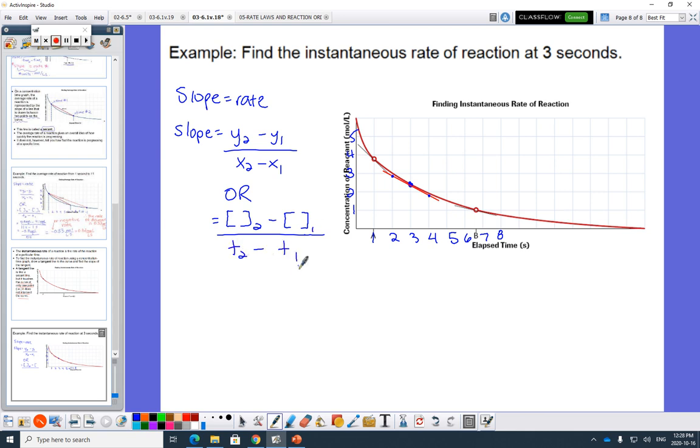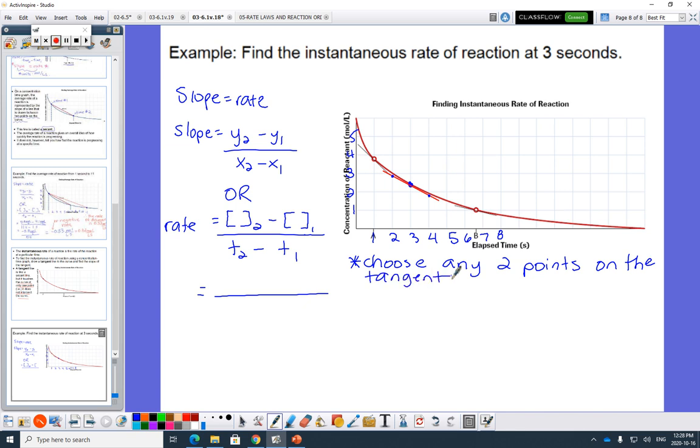So again, decide how you like to write it, y2 minus y1 over x2 minus x1, or in the rate form, same thing, okay? So like I said, when I pick those 2 points that are on my tangent, it crosses exactly at 4 and 2, and then we just have to estimate the top, okay?